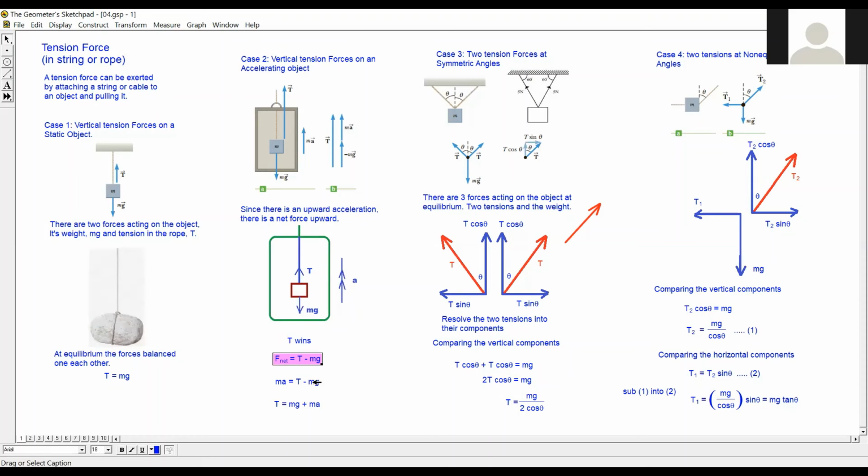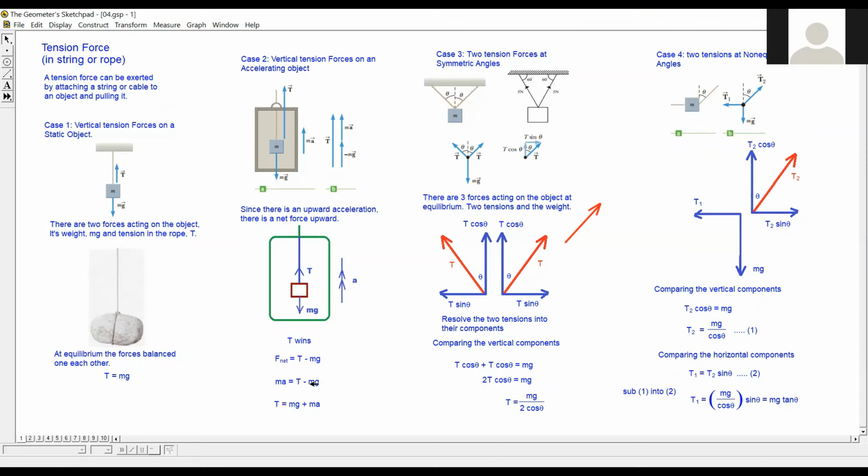Well, what is the net force? Net force, according to Newton's second law of motion, is equal to ma. So I replace the net force with ma. So ma equals T minus mg. So if I want to find the tension in the string, I make T the subject of the formula.